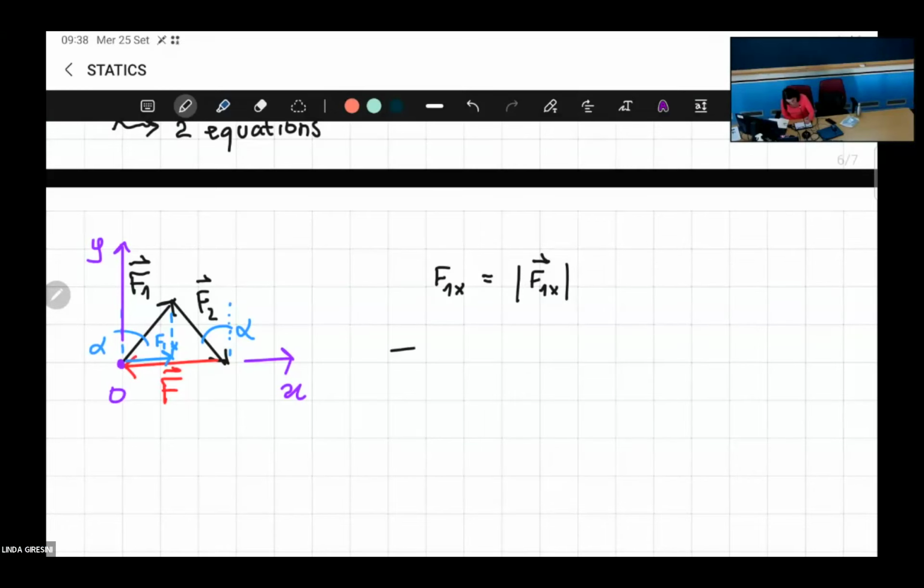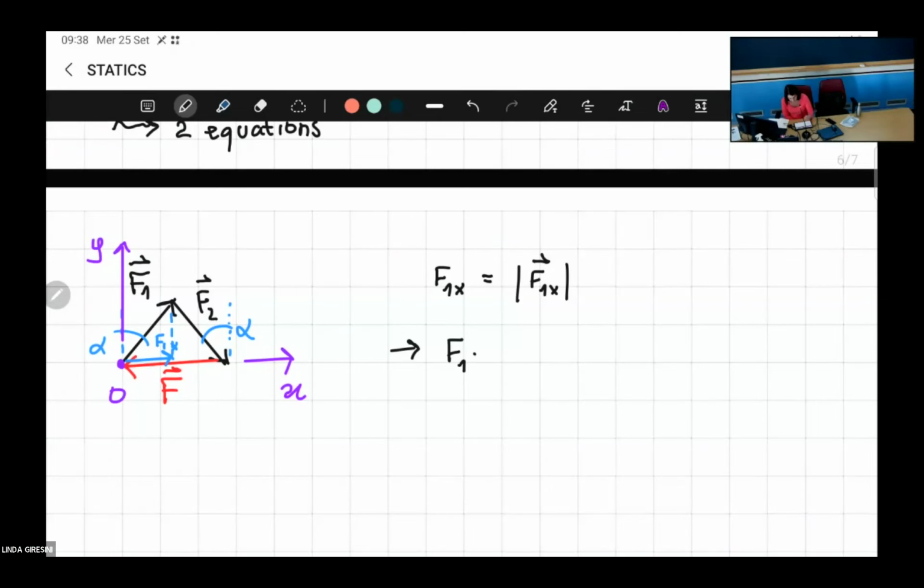So the equilibrium in the horizontal direction will be F1x, which is F1 times what? We have to use sine and cosine of alpha. It will be the cosine of 90 degrees minus alpha, so sine of alpha.